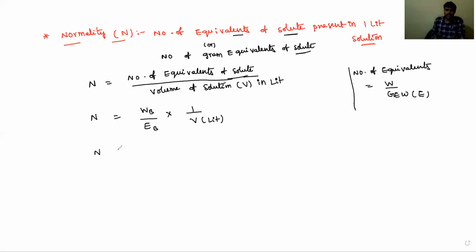So normality is equal to weight of solute by gram equivalent weight of solute into 1000 by volume of solution in ml. The volume of solution we need to consider in ml when using this formula.